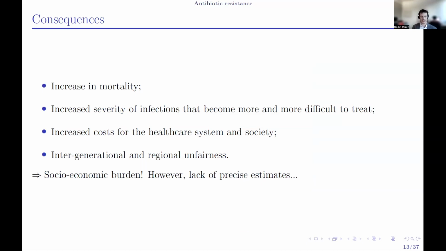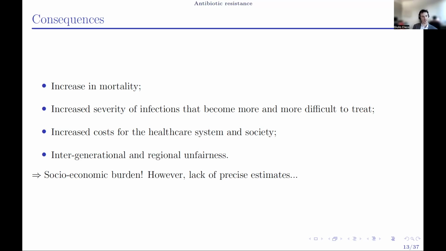Of course, when we have a resistant infection, it's more difficult to treat it. Of course, we have an increase in mortality, as well as an increase in, for example, the duration of the disease or in the severity of the disease.